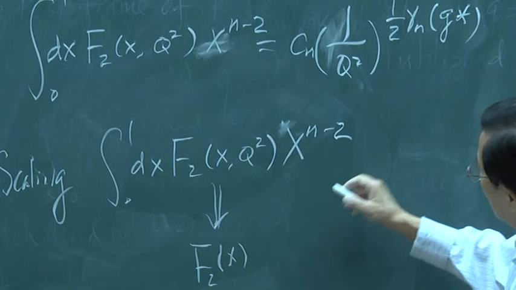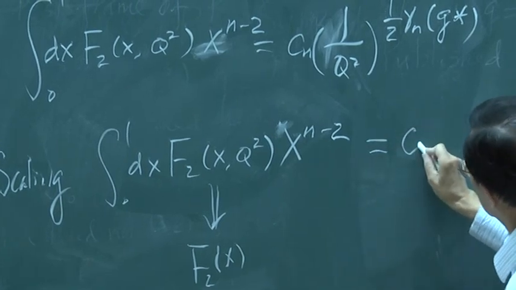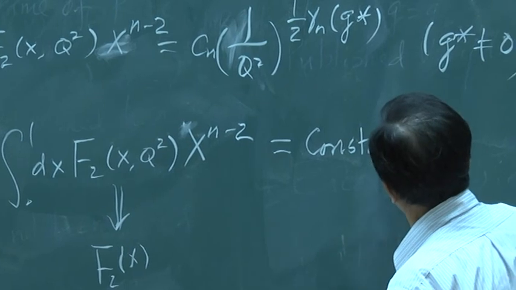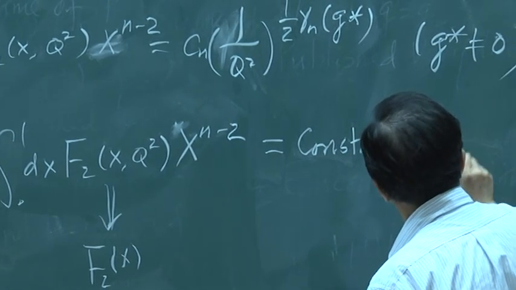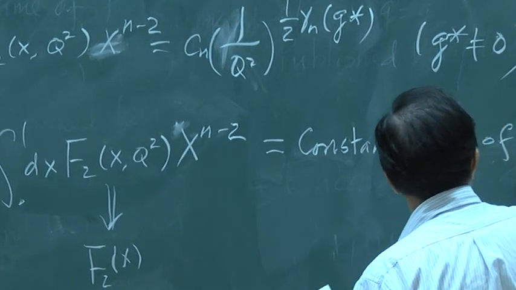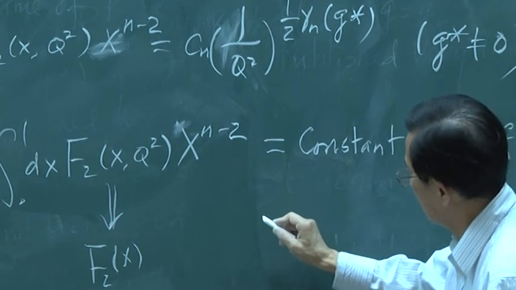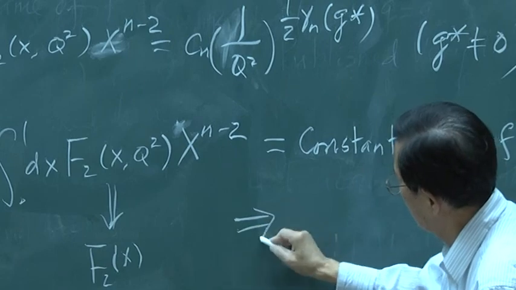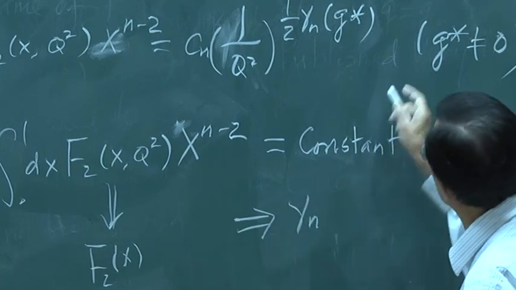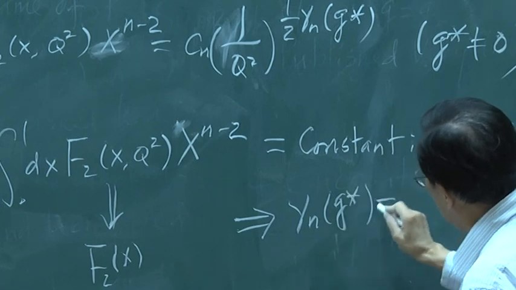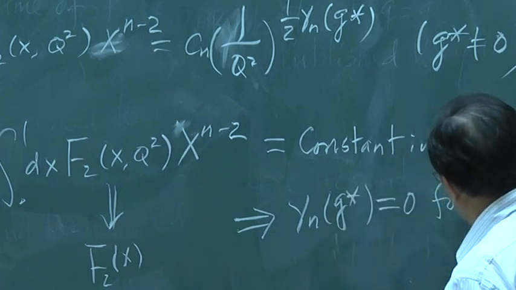And therefore, this integral should be constant, independent of q squared. Right? Okay. That implies that all the anomalous dimensions at G star also vanish for all n.